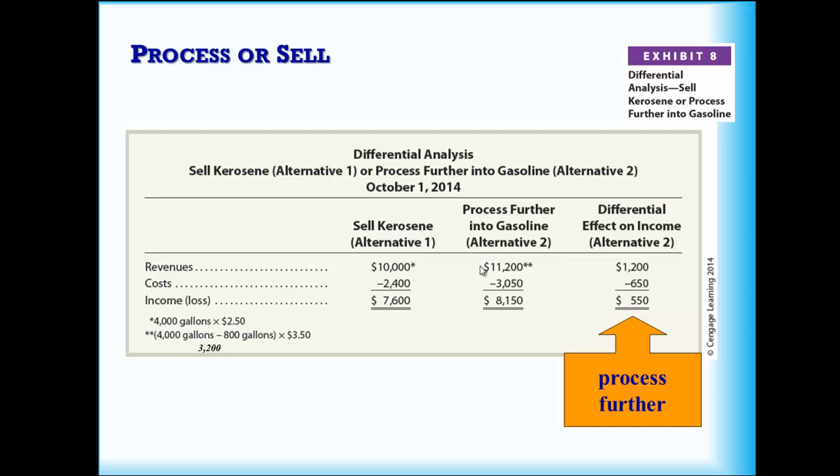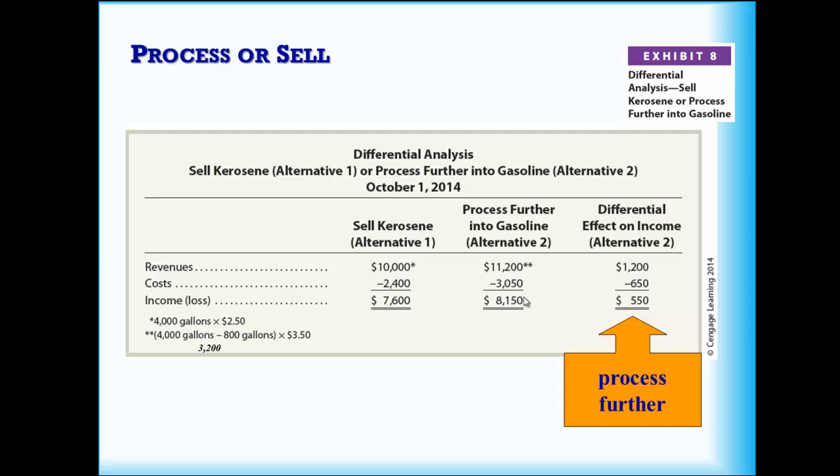The problem told us that the cost of the batch of making the kerosene was $2,400, and the cost of making the gasoline, the incremental cost, was $3,050. So when we look at the difference here, if we sell it right now as kerosene, we'll be netting $7,600. If we process it further and then sell it, we'll be looking at $8,150.